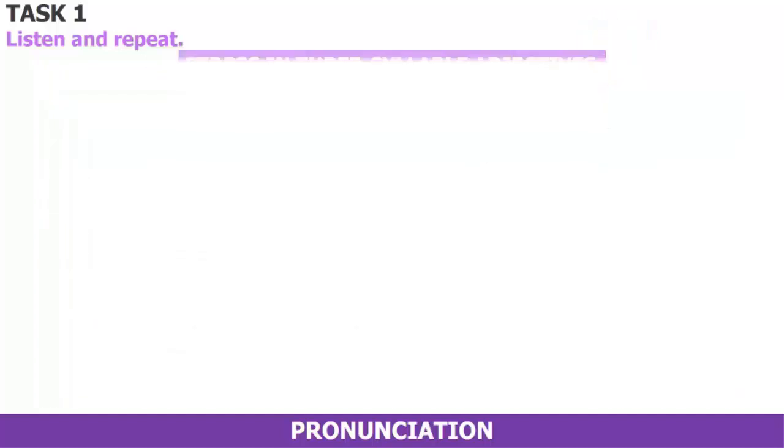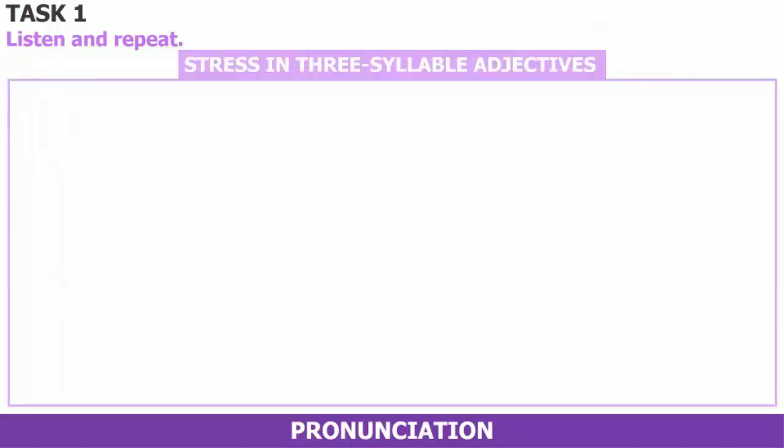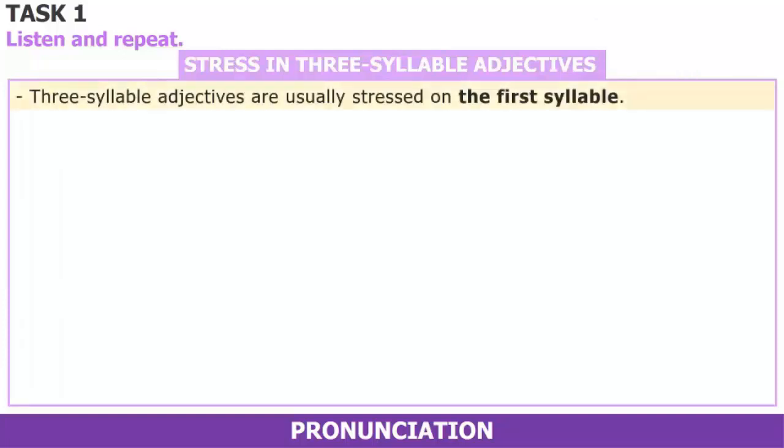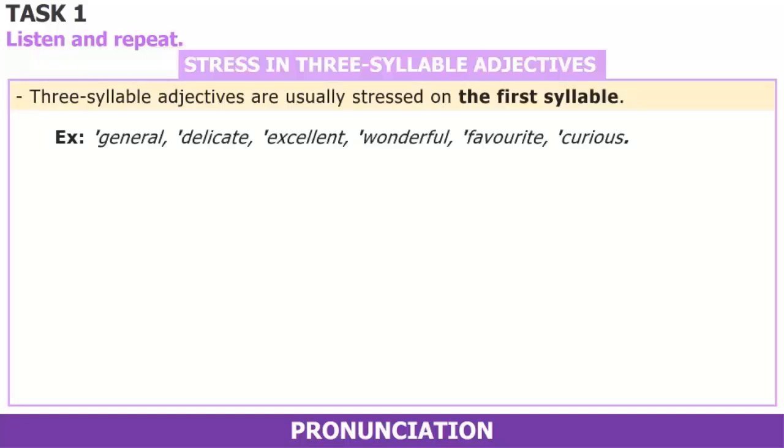For three-syllable adjectives, firstly, they are usually stressed on the first syllable. For example, general, delicate, excellent, wonderful, favorite, curious, and so on.